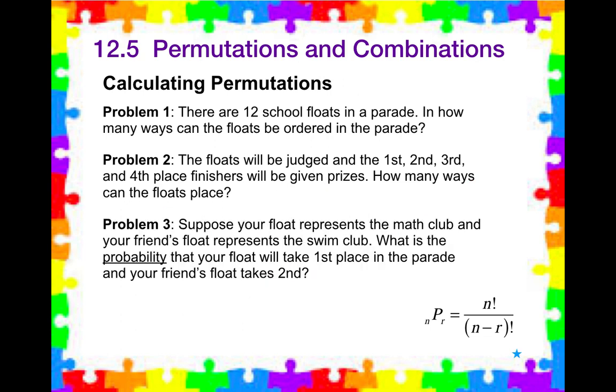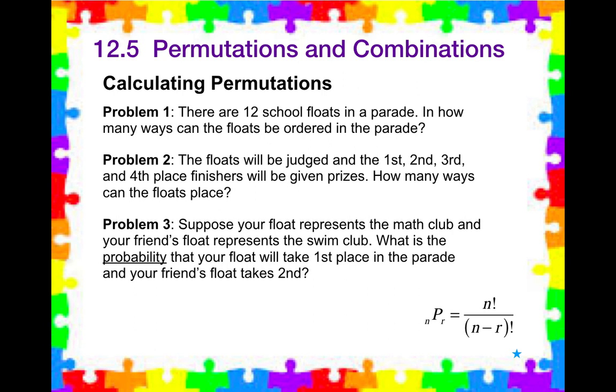And then finally, suppose that you represent the math club and your friend's float is the swim club. What is the probability that your float will be first place and your friend's float will take second place? Well, what we have to do is we have to consider that there's only one possibility of that happening, but there are a whole bunch of ways that the other 10 floats could be represented.